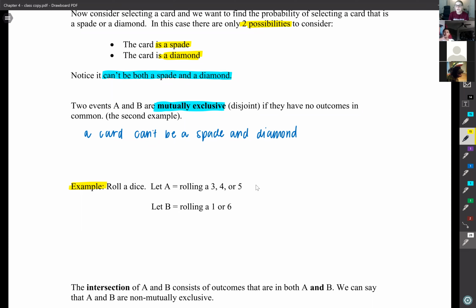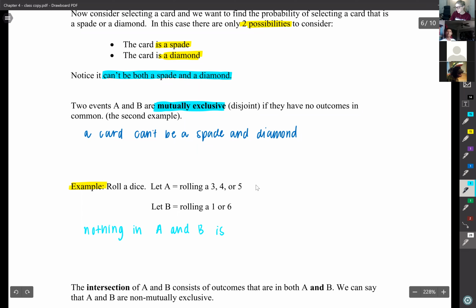So if I roll my die, both A and B cannot happen at the same time. So nothing in A and B is the same. So we would say these are mutually exclusive.